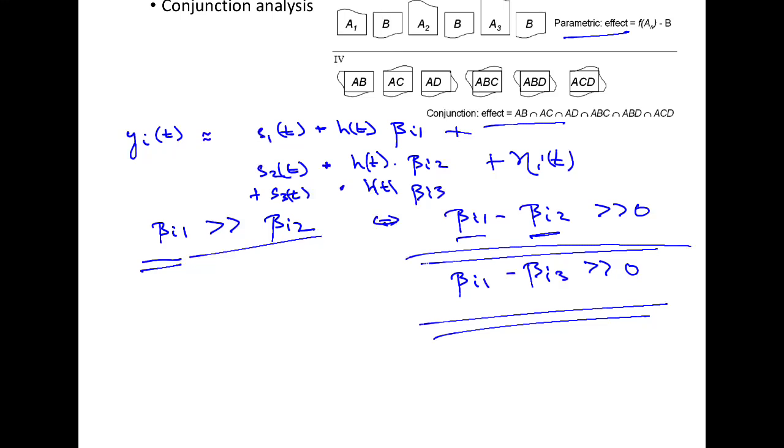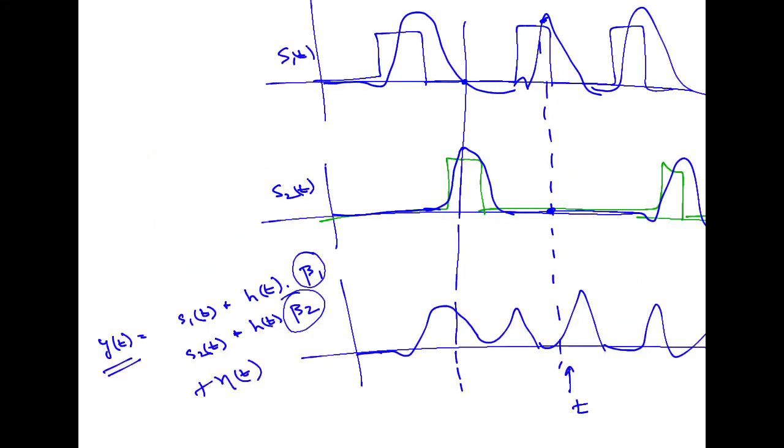But if S2 is 0 at time t, then wouldn't beta 2 also be 0? No, beta is a constant, it's not changing with time. Beta 2 is constant. So S1(t) is changing with time, h(t) is changing with time, but beta 1 is just a constant, it's a scalar. Similarly, these two are signals, but this is a scalar. So this doesn't change.